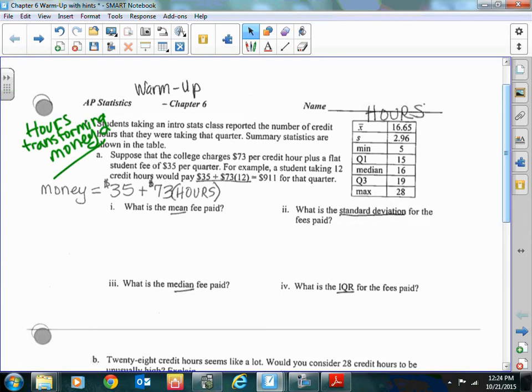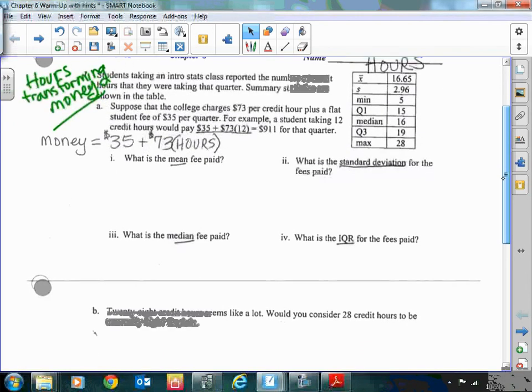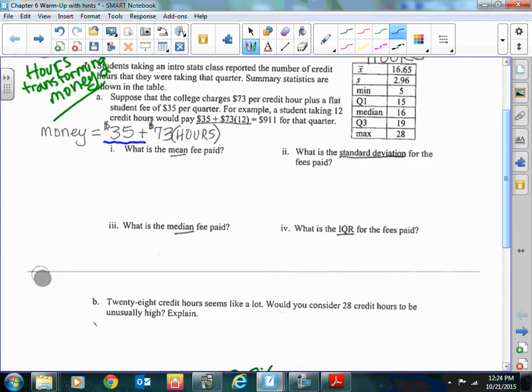If you remember our little thing about transformations, addition and subtraction affects the center only. So this plus $35 is only going to change the mean and the median. For the mean, I would take the mean hours, plug it in, and then compute.